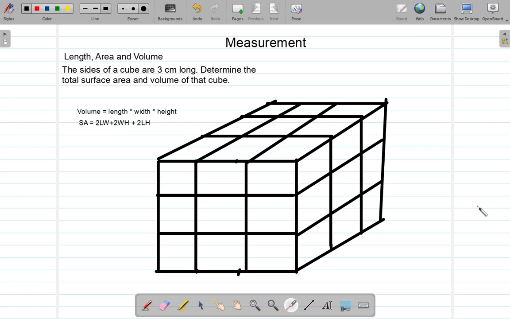But how are we really sure about that? You expect it to be 3 by 3 by 3, but we want to verify the answer. So the volume would be equal to 3 times 3 times 3, and that would be 27 cm cube. We could also put 27 cubic cm.